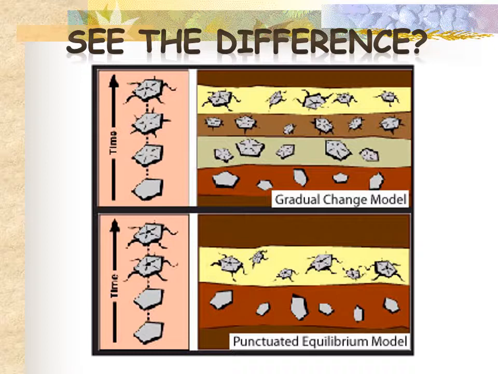Here's a nice graphic that shows the difference between the two. We're looking at just some kind of fake organism here, and we're comparing the two. We've got gradualism here and punctuated equilibrium here. So in gradualism, we start with a very plain shape, and over time, things get added, in this case, a design, and then appendages, and then curvy appendages. And we see these in-between forms along the way.